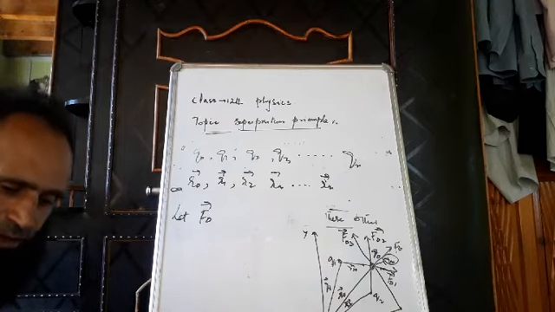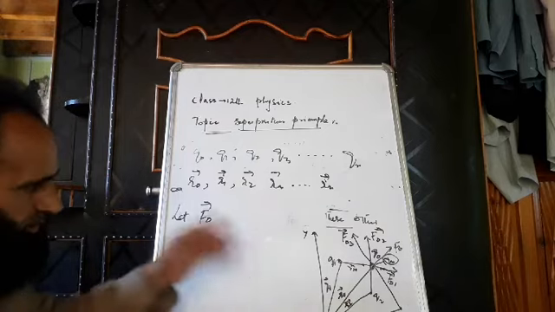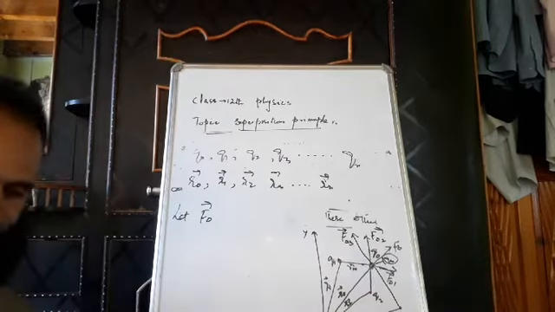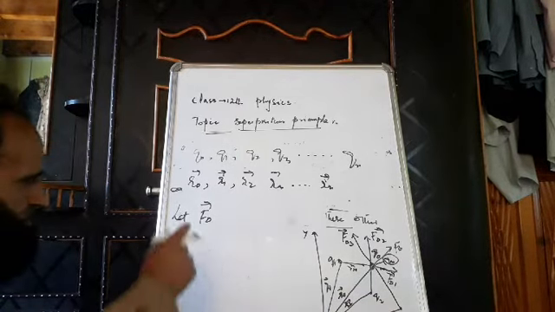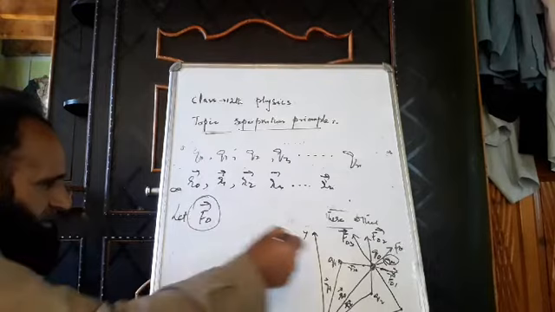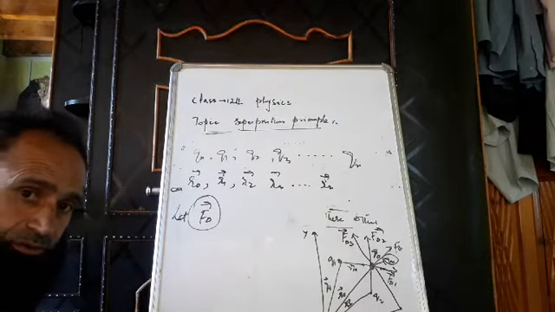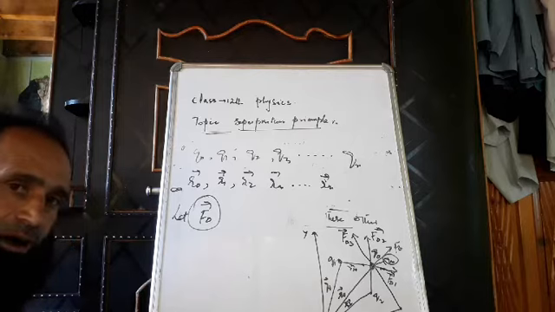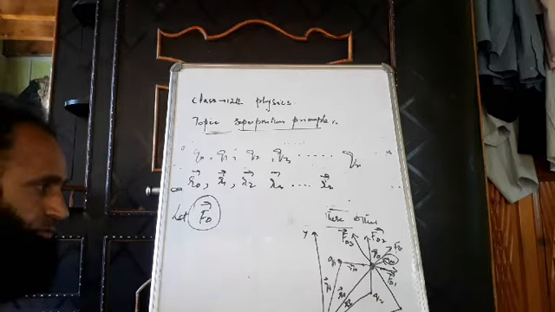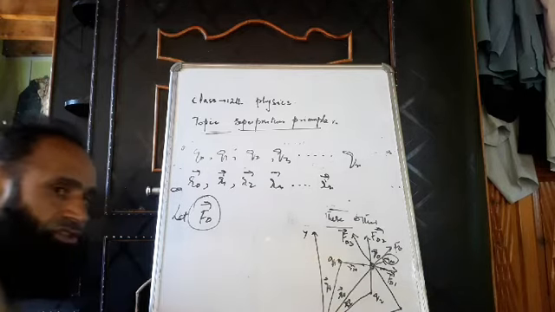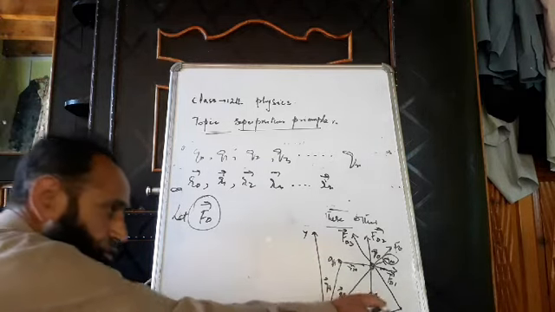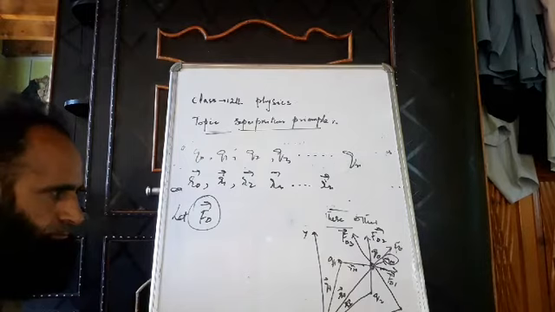which is equal to the sum of these forces. F0 is the total force acting on the test charge Q0, which is equal to the vector sum of all the forces acting on this charge due to the other charges.